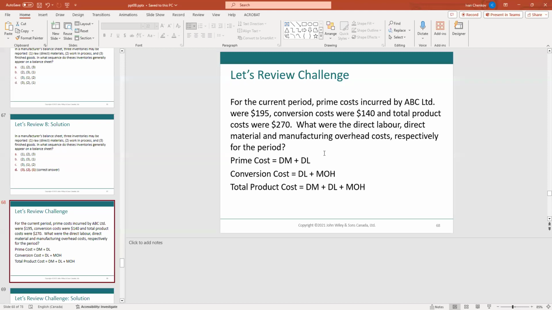Can you do it by yourself? Professor, what is conversion cost over here? Here, conversion is direct labor plus manufacturing overhead.